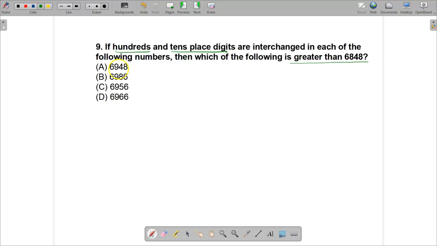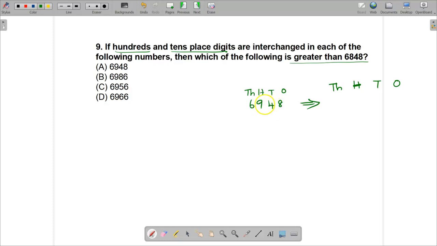Let me consider the first number, 6948: thousands, hundreds, tens and ones. They are asking to interchange the hundreds and tens place digits. This one is hundreds, this one is tens.